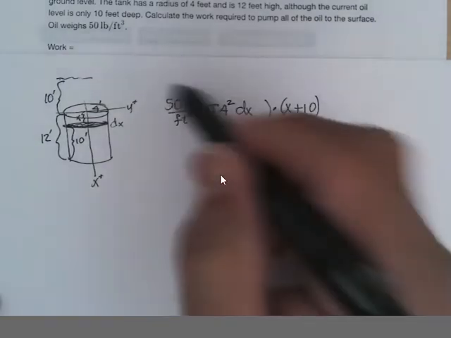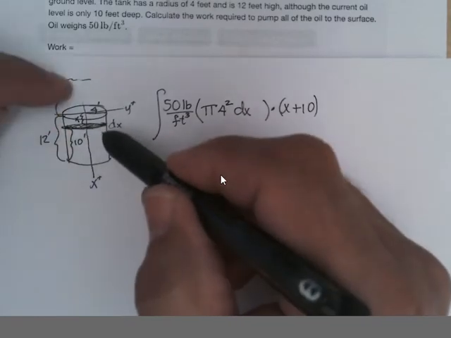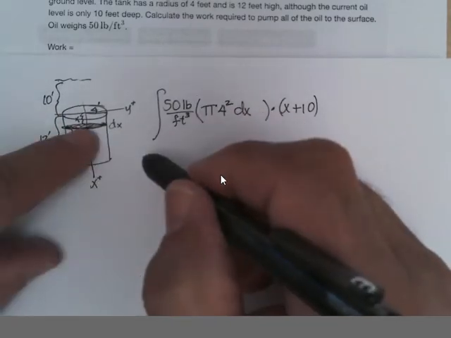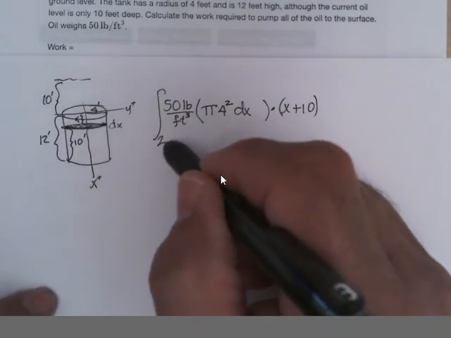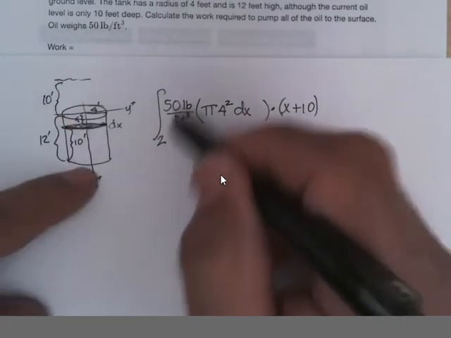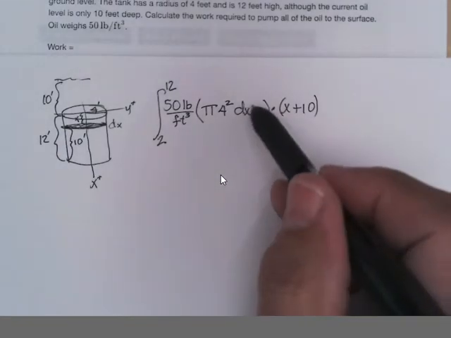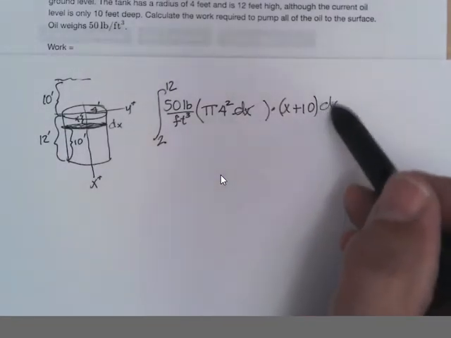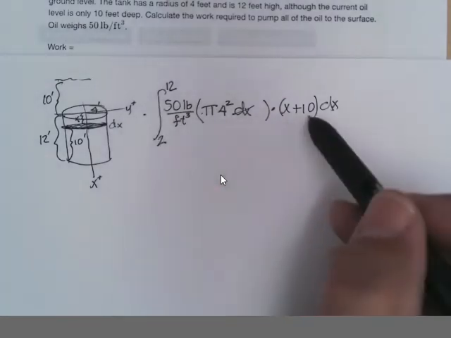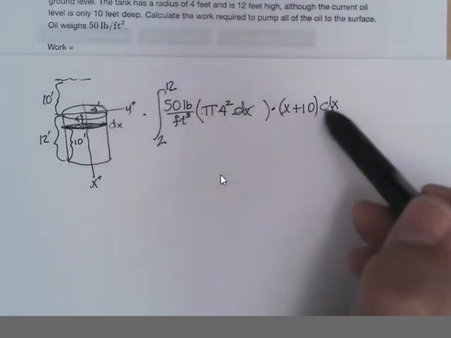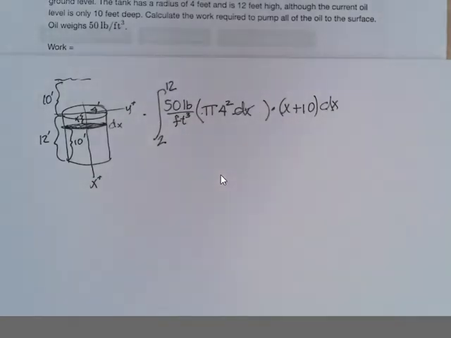And if I set it up this way, I'm going to add all these disks lifted up to here for x starting at not 0, because we're down 2 feet, from 2 to a depth of 12 feet. Now you can move this dx out here. You can take all these constants out, and so you'd have the integral of x plus 10 dx evaluated from 2 to 12. Pretty simple to do.